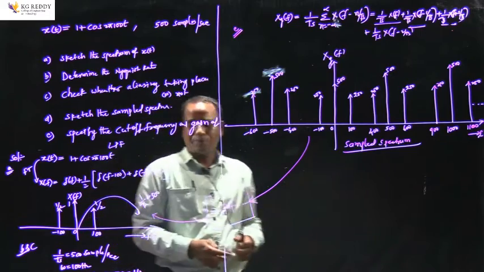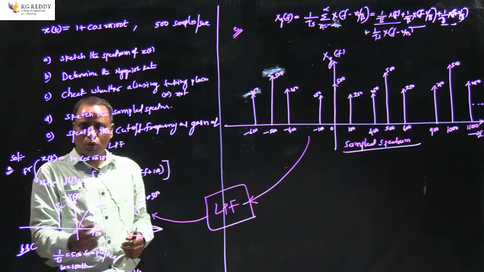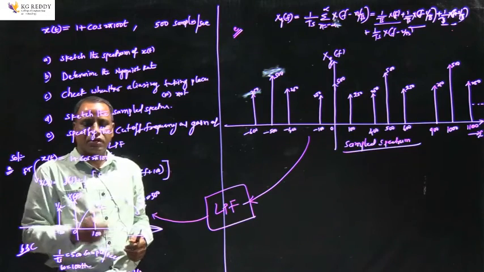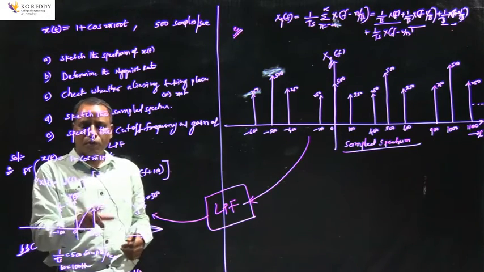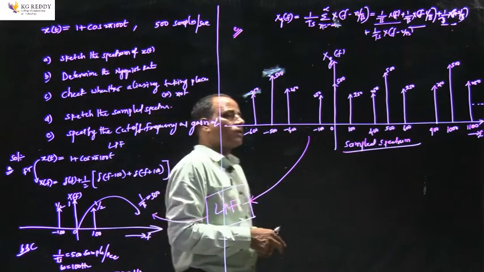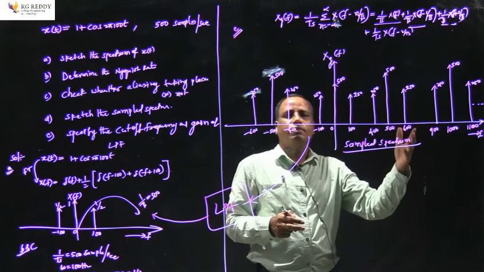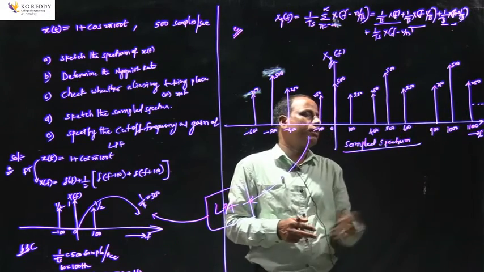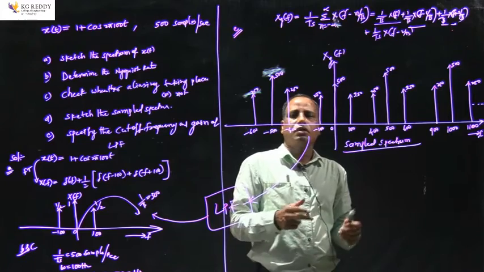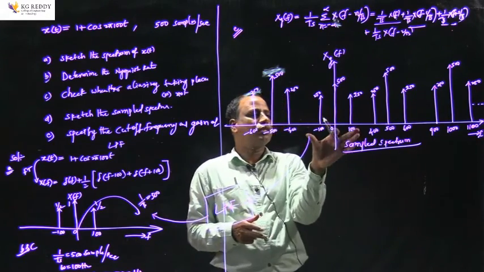Now if you look at the original spectrum, we have three components, one at 0, second at 100 and third at minus 100, with amplitudes of 1, 1 by 2, 1 by 2 at 0, minus 100 and plus 100 respectively. But in the sample spectrum you have an infinite number of samples to the negative frequency and to the positive frequency, and we require only this portion of the signal.